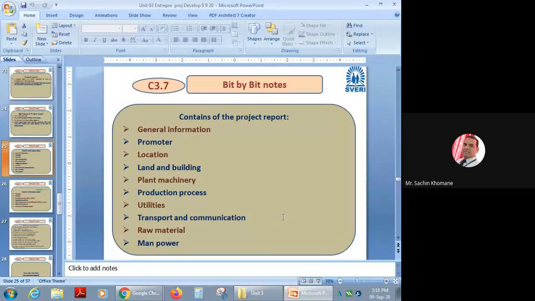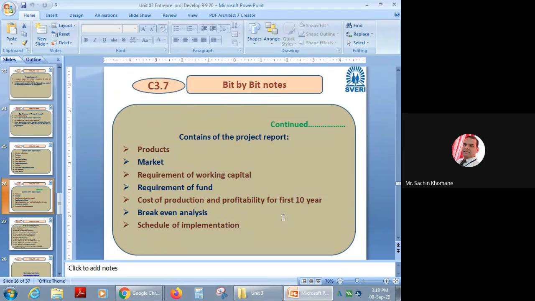We have discussed general information, promoter, location, land and building, plant and machinery, production process, utilities, transport and communication, raw material, manpower, then product, market, requirement of working capital, requirement of fund, cost of production and profitability for first 10 years, break-even analysis, and schedule of implementation. Like that, around 17, 18 contents we have seen.